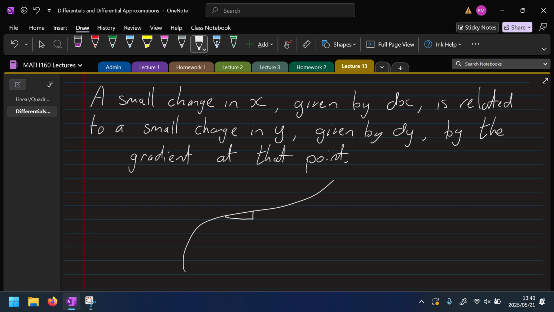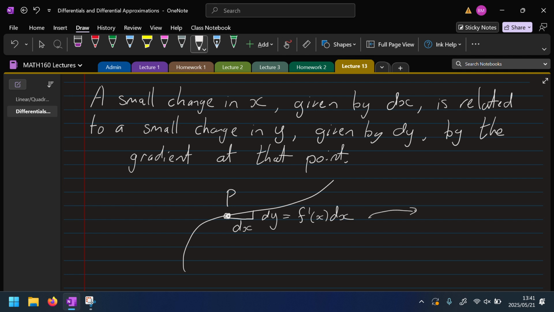The horizontal displacement we call dx, and the vertical displacement we call dy, and dy is given by f prime of x dx at the point P. If I give you the tiny displacement dx and ask what the resulting change dy is, it's the gradient at that point multiplied by the change in x.